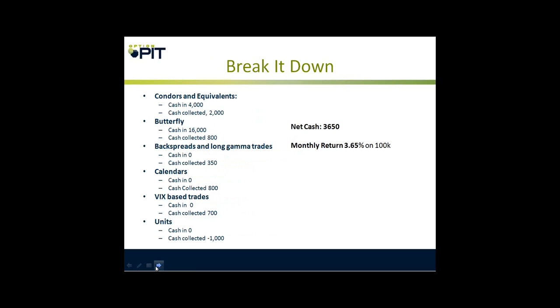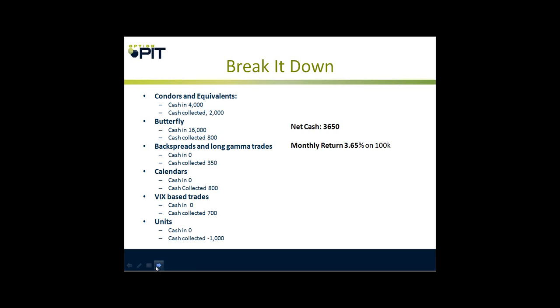Condors, condor equivalents, cash in $4,000, cash collected $2,000. All right, this is perfect, right? Butterfly, cash in $16,000, cash collected $800. Back spreads in long gamma, cash in 0, cash collected $350. Calendars, cash in 0, cash collected $800.